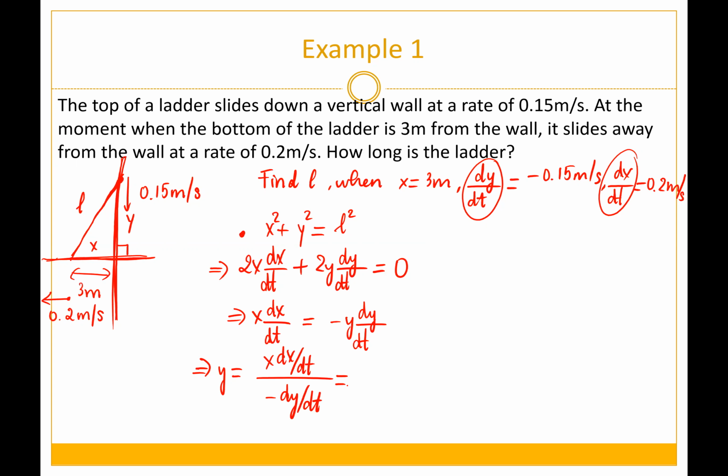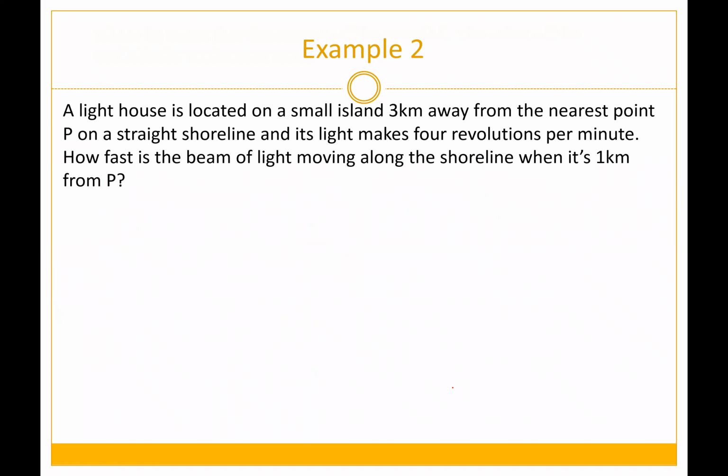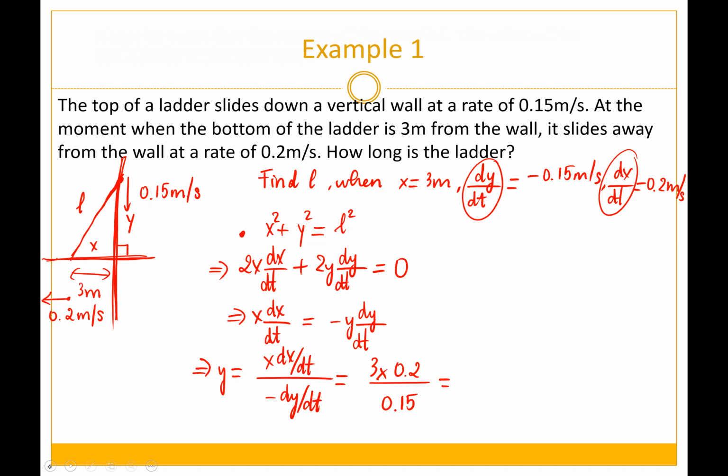Remember, when some distance is decreasing, it is a negative rate of change, which is what we have here. So we have 3 multiplied by 0.2 divided by 0.15. What we end up with is 0.6 over 0.15, so it's 4 meters.